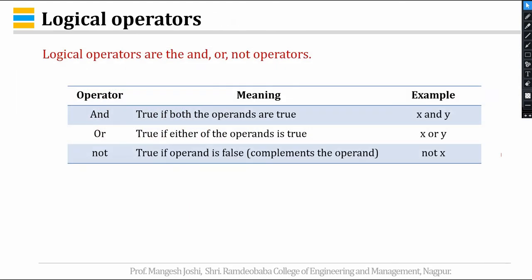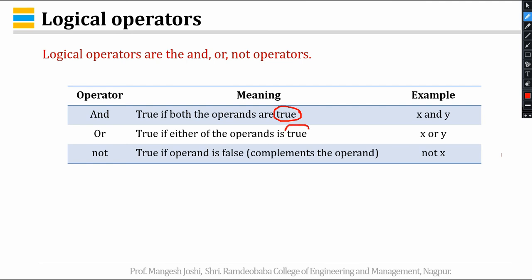Now other operators are logical operators consisting of and, or, and not. So and returns the true value if both the operands are true. Okay.